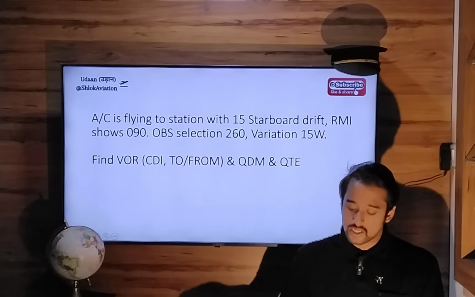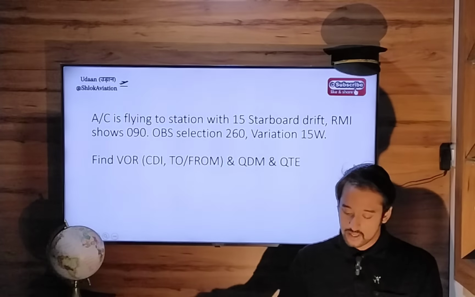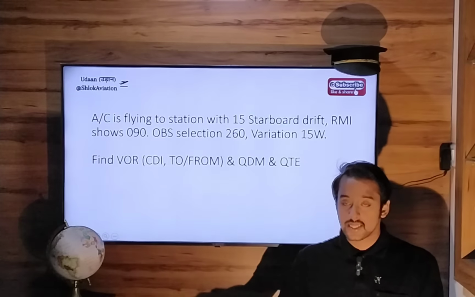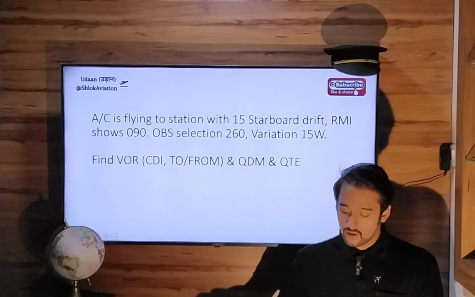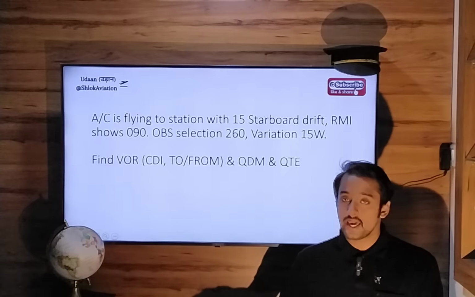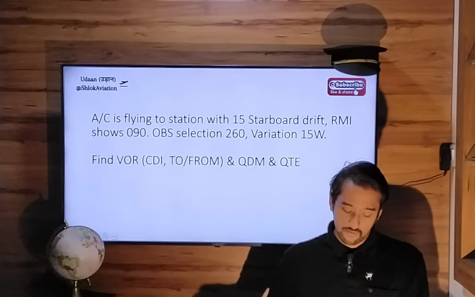Aircraft is flying to station with 15 degrees starboard drift. RMI shows 090, OBS selector is 260, variation is 15 west. Find VOR information, QDM and QTE. Fine, easy question, it looks difficult.